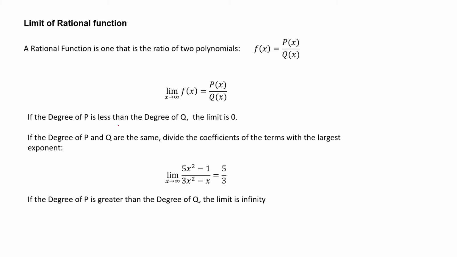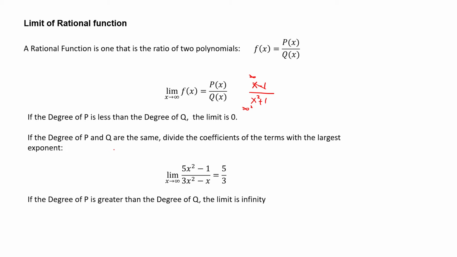So we know that if the degree of p is less than the degree of q, the limit is 0. For example, this is x minus 1, and this is x squared plus 1. This is infinity, and this is infinity squared. So compared with infinity squared, the top is relatively small, so the limit is 0.